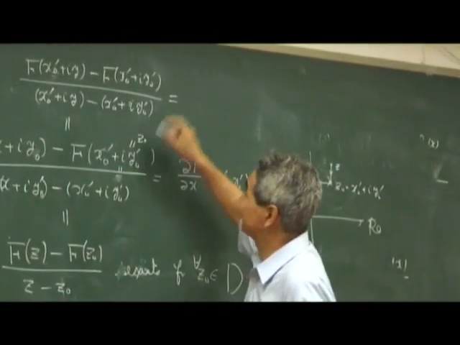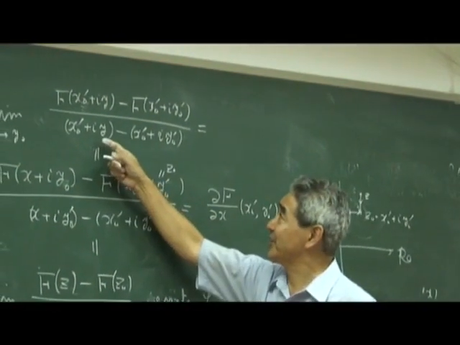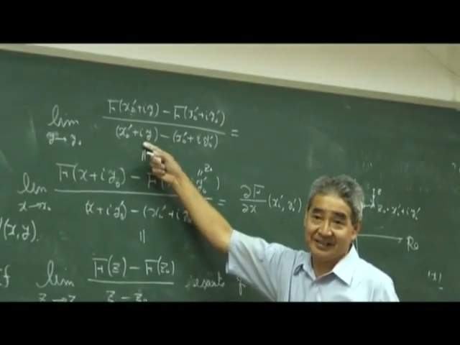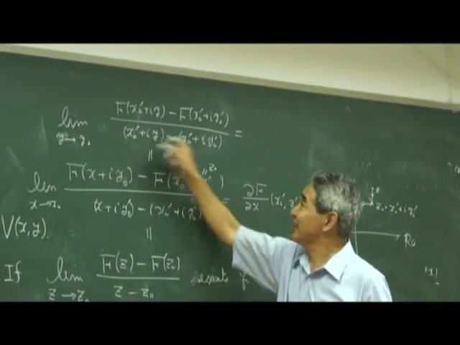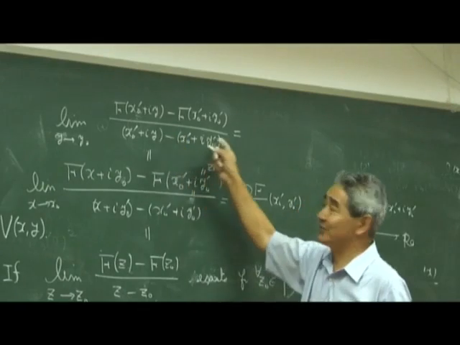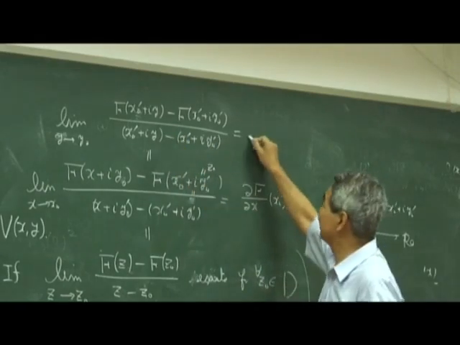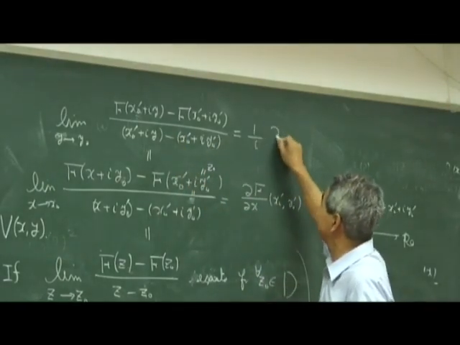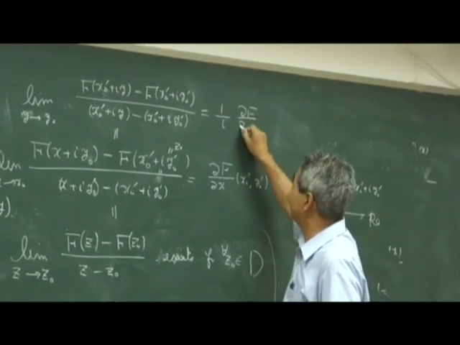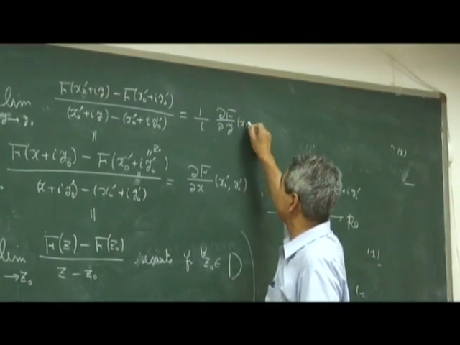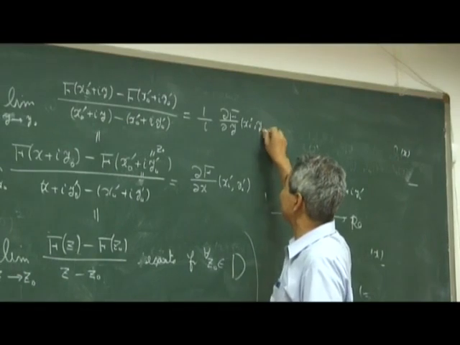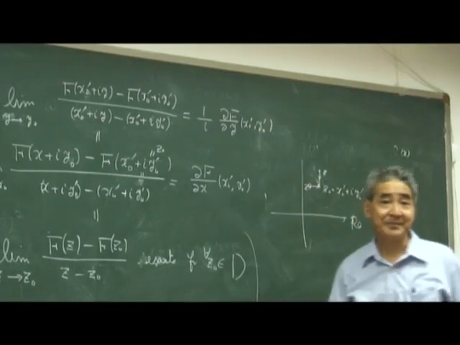And please be careful, in the denominator now there is an i, so this is i times (y minus y0 prime). So what you get is 1 over i times df/dy at (x0 prime, y0 prime). Okay?